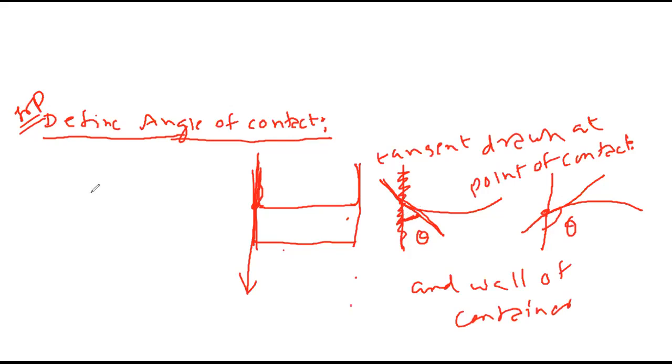Within the liquid means if this is surface, this is tangent, this is container, don't measure this way. You have to measure inside, within the liquid. We have to go towards the container, but within the liquid. This is called angle of contact.